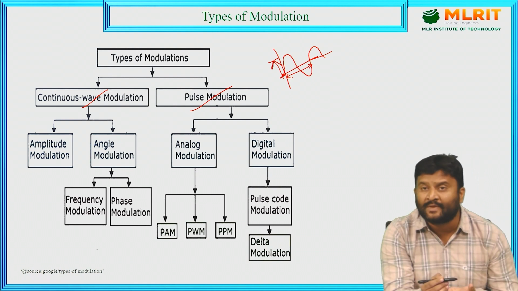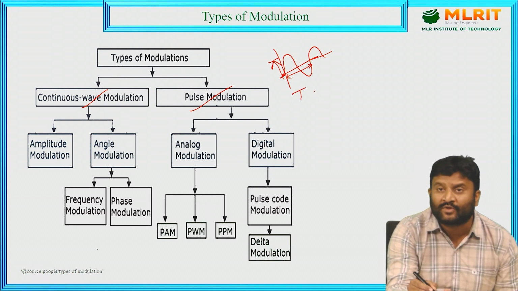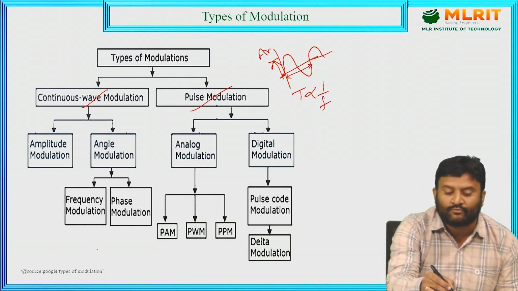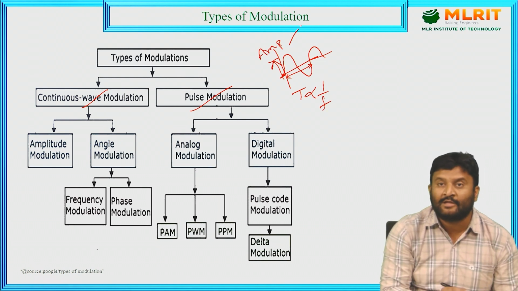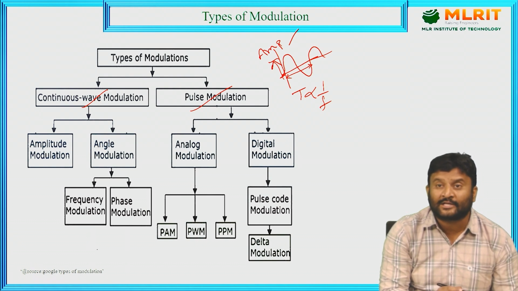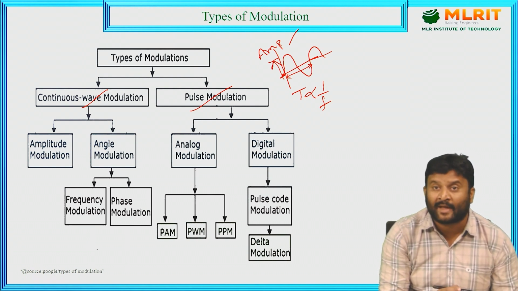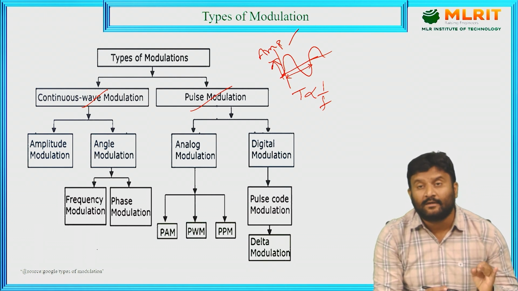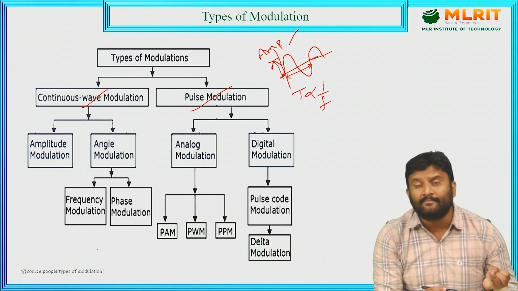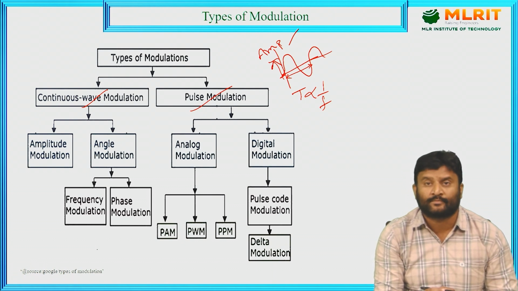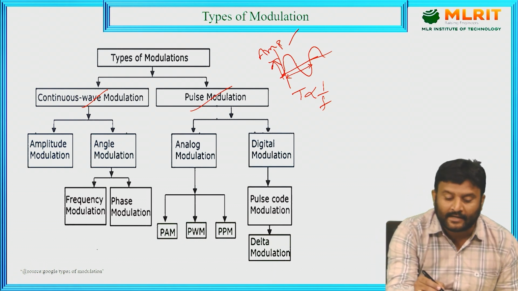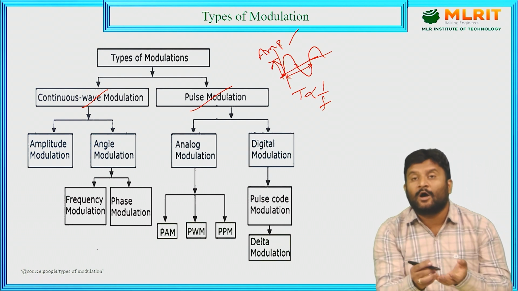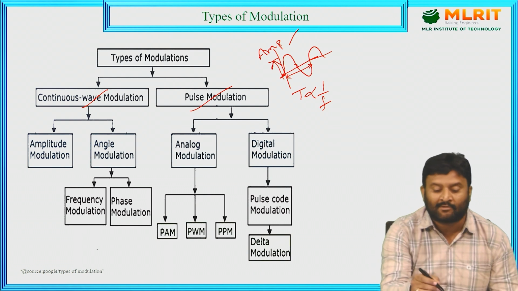Once you know the time period, automatically you know the frequency also, because time is inversely proportional to frequency. That means amplitude is one instantaneous parameter of the waveform, and frequency or time, because once you know the time, automatically you know the frequency. After that, the phase angle at the 0th level, or shifting from the positive side to the negative side, how much angle it has, that is called the phase, theta.